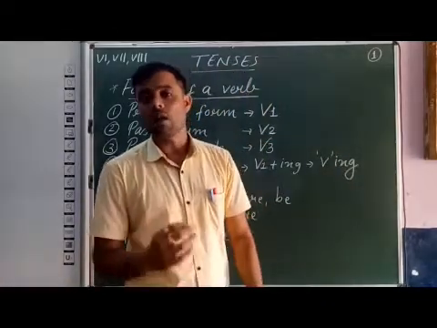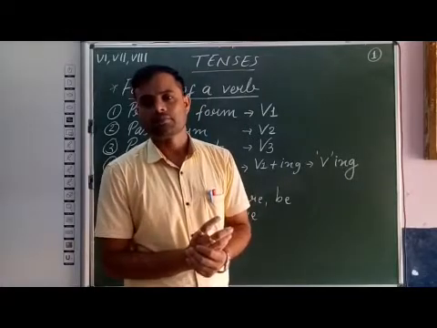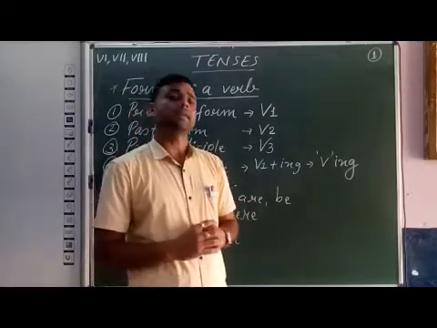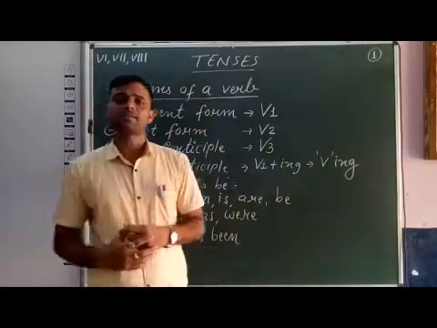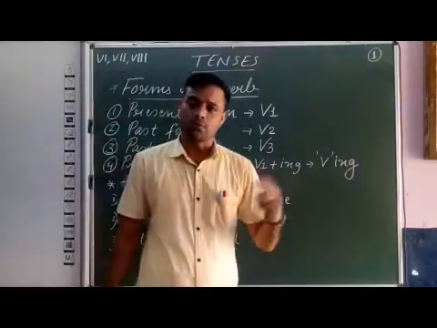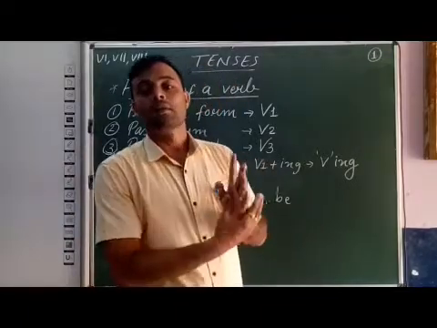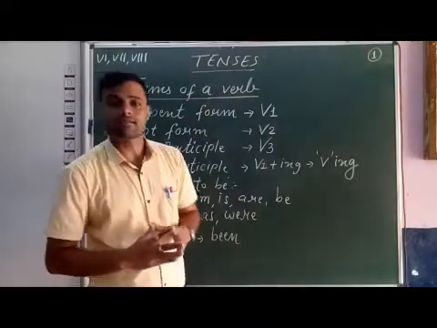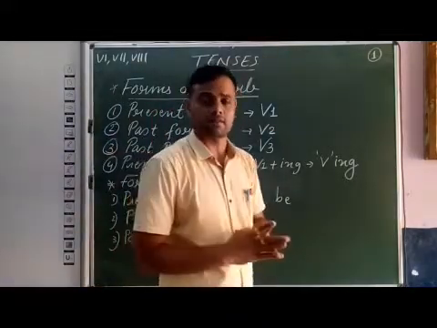Now, in all continuous tenses, there are six continuous tenses: present continuous tense, past continuous tense, future continuous tense, then present perfect continuous tense, past perfect continuous tense, and future perfect continuous tense.